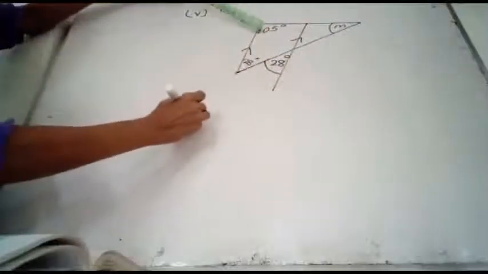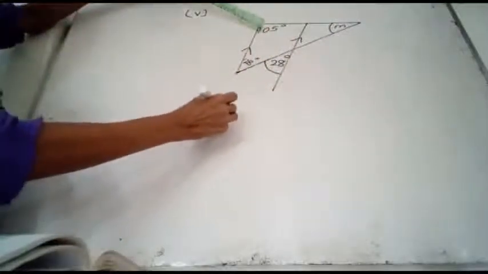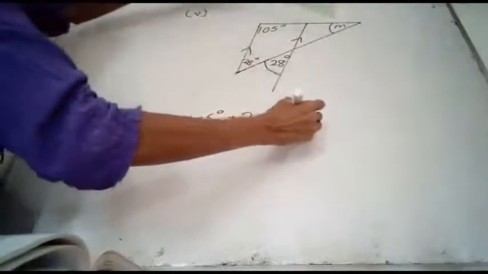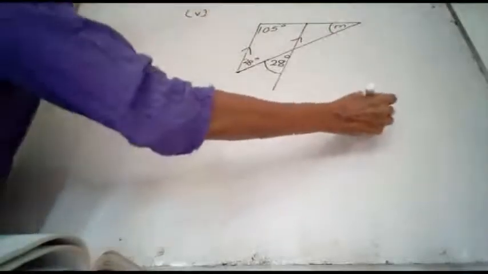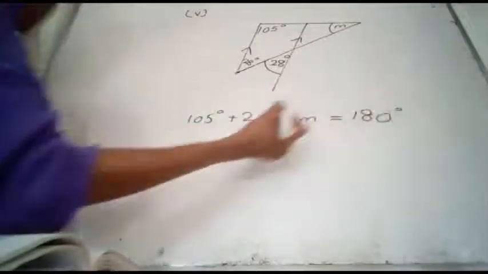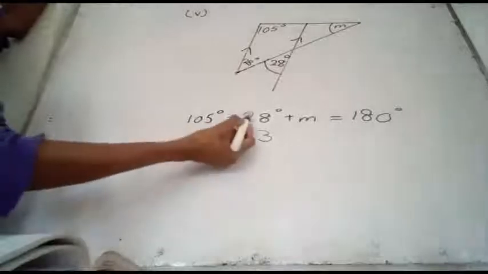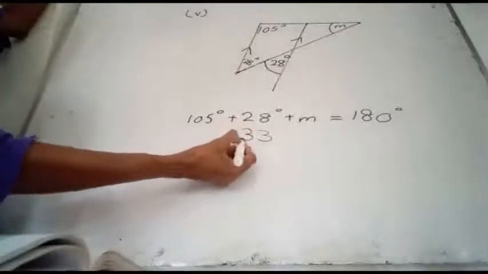We can write 105 degrees plus 28 degrees plus M is equal to 180. 8 plus 5, 13. Remaining 1. 1 plus 2, 3.